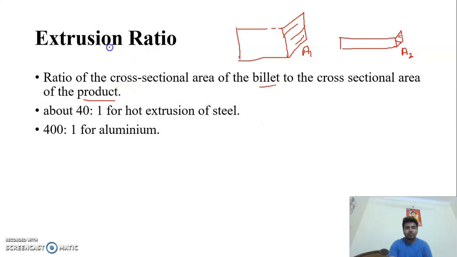So the extrusion ratio is the ratio of A1 upon A2. The extrusion ratio for steel is about 40:1, and for aluminium about 400:1. Aluminium is more ductile than steel, therefore we get a higher extrusion ratio in aluminium.